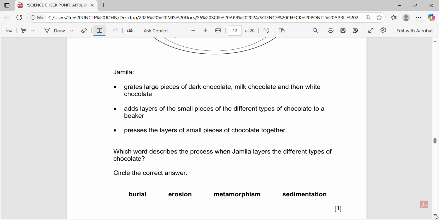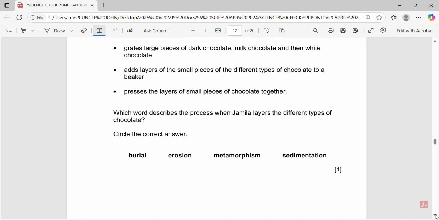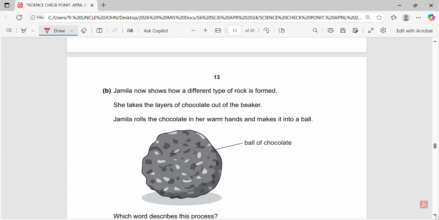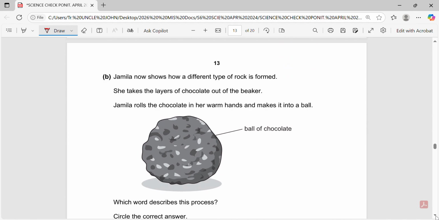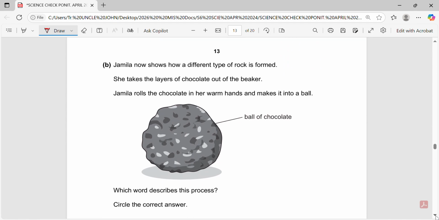Which word describes the process when Jamila layers the different types of chocolate? Circle the correct answer. So the correct answer here is of course sedimentation. Then B, we read it together, friends.